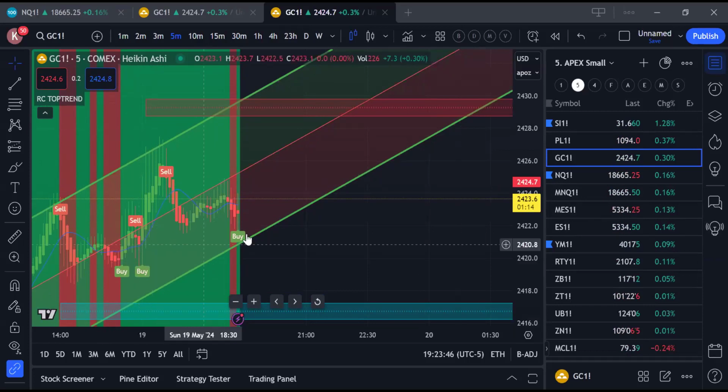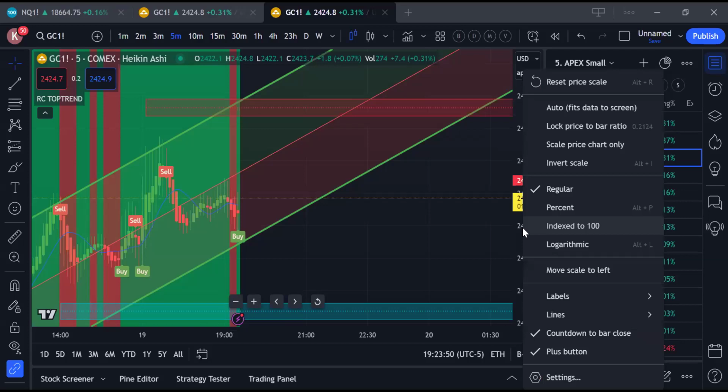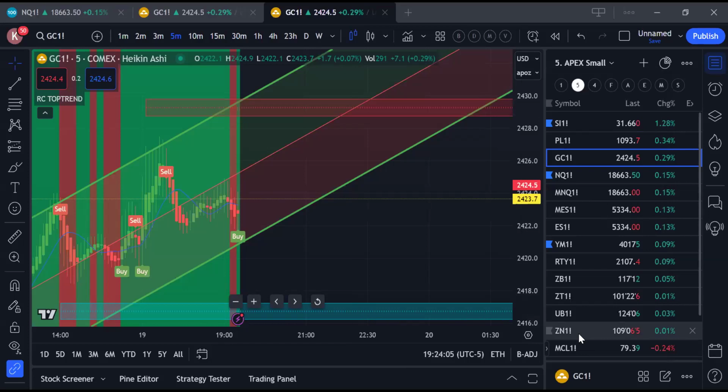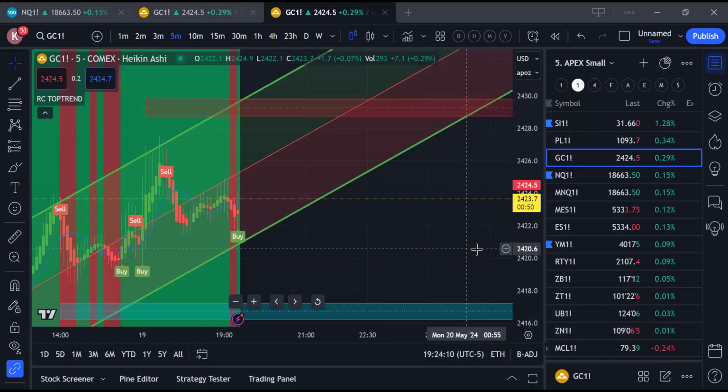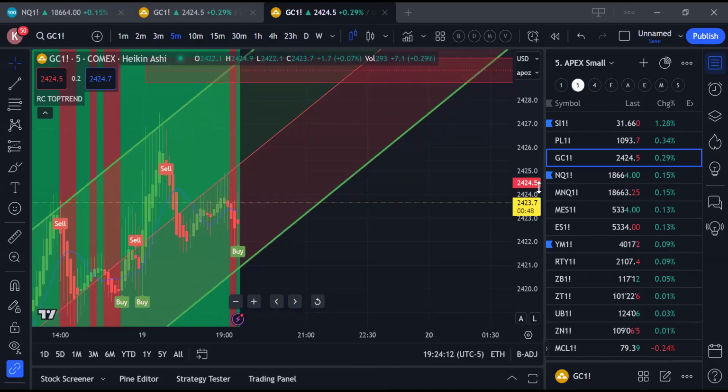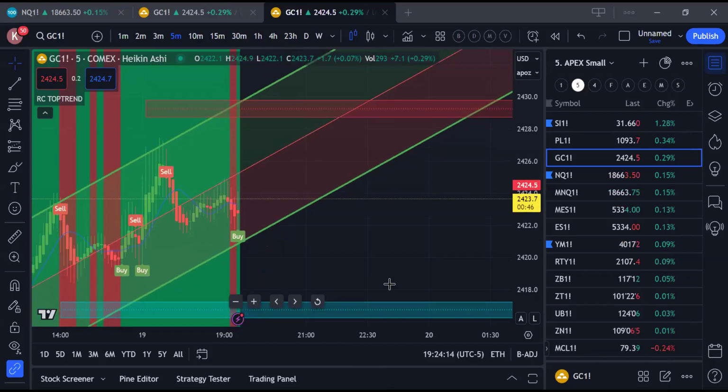So we can easily make another $300-400 with one contract. Again, now we got a buy, right? We are just waiting because the candle is still red in color.